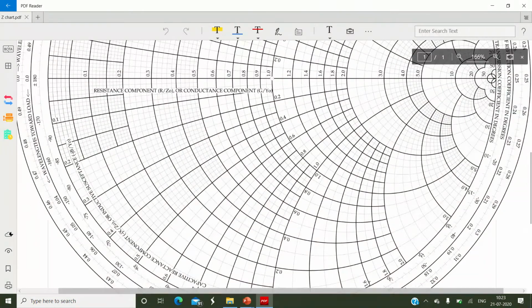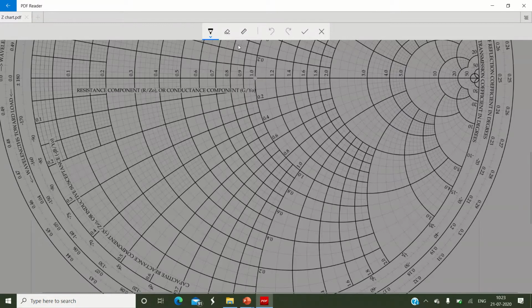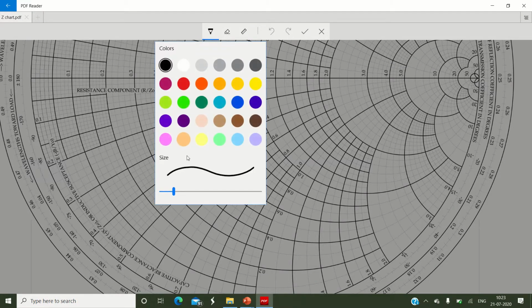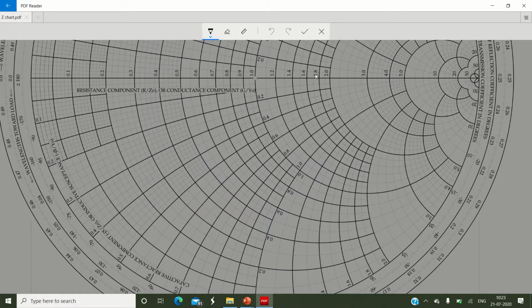Okay, so at the junction of negative 1.6 and 1.5, somewhere here, right? So I will take a pencil. You also do the same procedure with me.